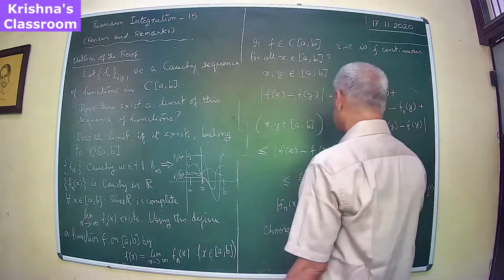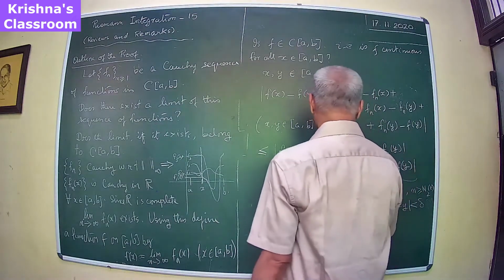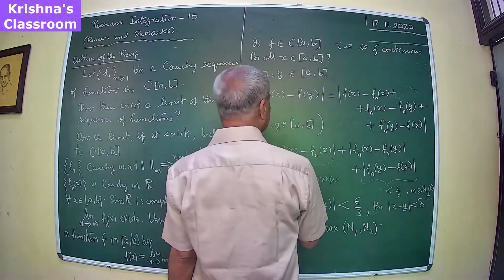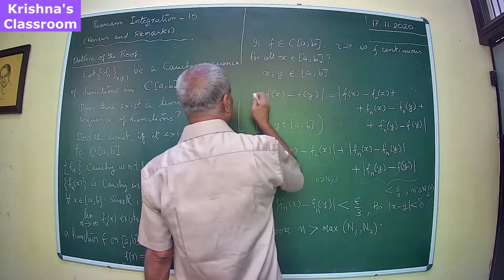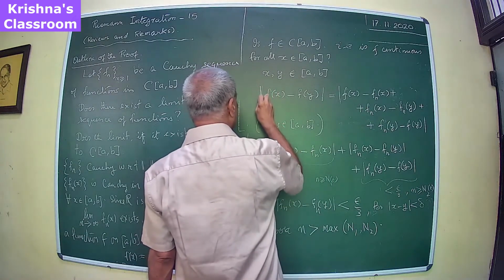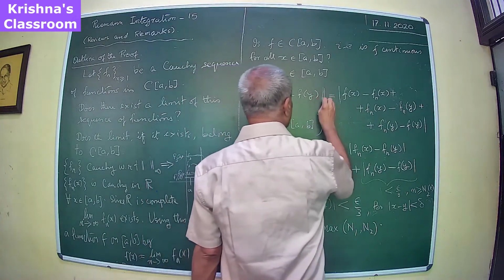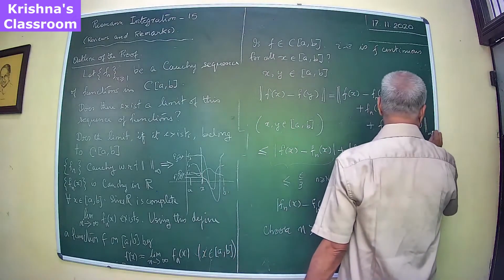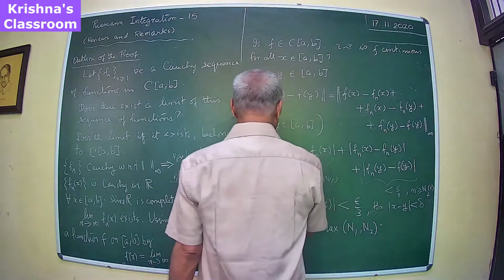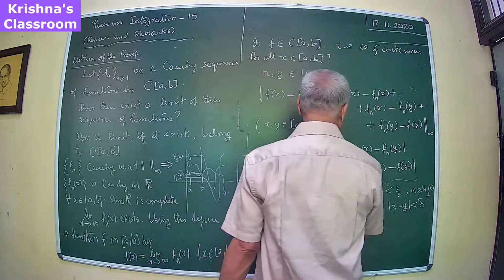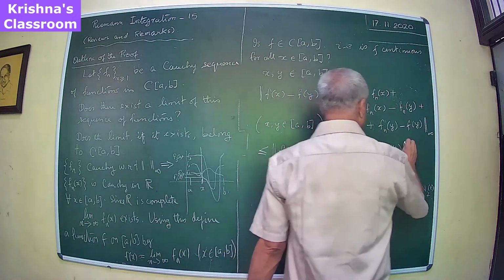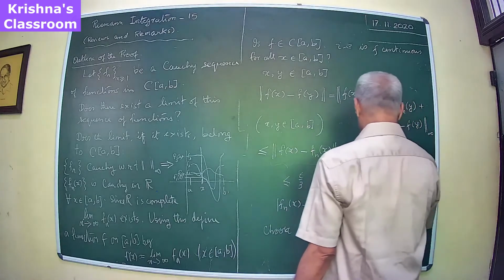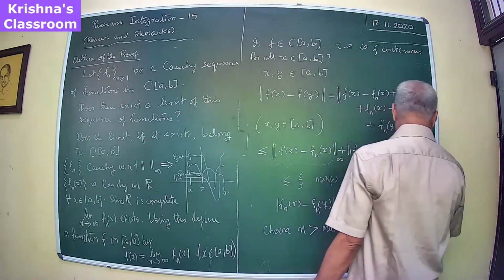Now I think I should use the sup norm, sorry. Use infinity here, infinity here, infinity here. Yeah, okay. Right.